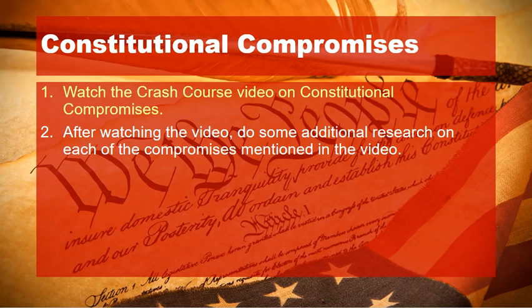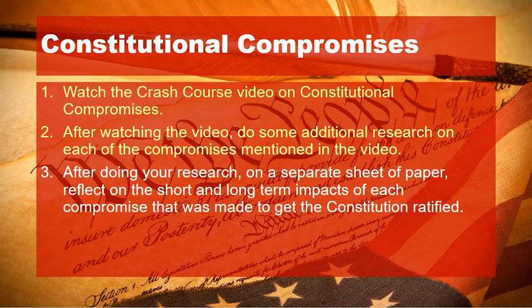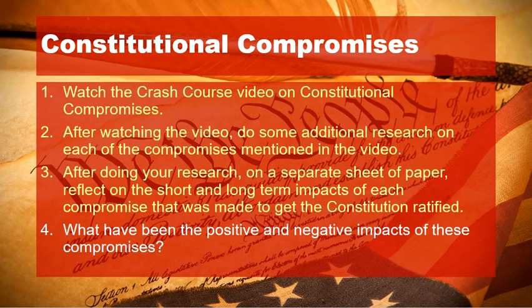After watching the video, I want you to do some additional research on each of the compromises mentioned in the video. And after doing your research, on a separate sheet of paper, or you send me an email of a Word document, or just in the email itself, I want you to reflect on the short and long-term impacts of each compromise that was made to get the Constitution ratified. And then, what have been the positive and negative impacts of these compromises.